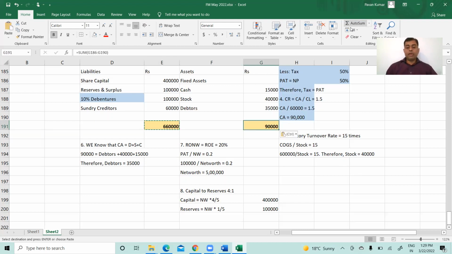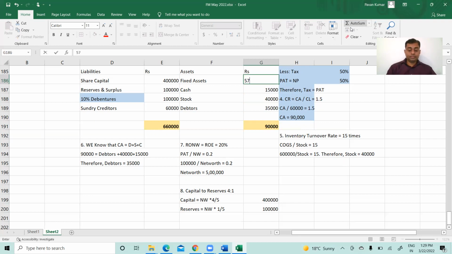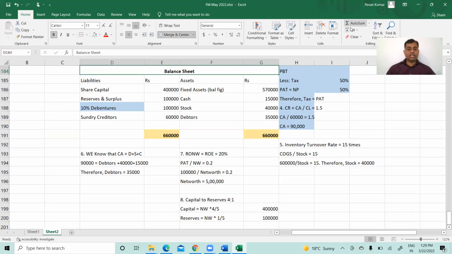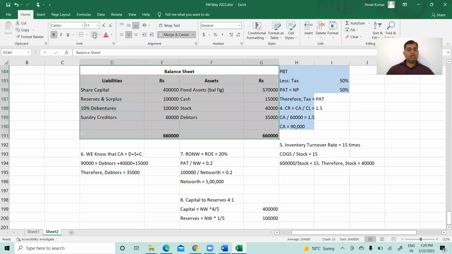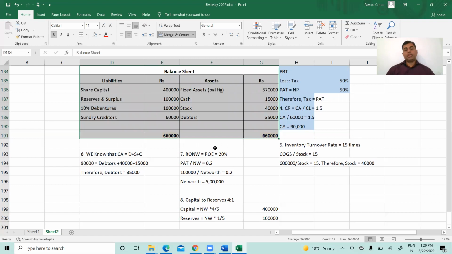Then fixed assets will be balancing figure. So guys, this is your beautiful balance sheet. Do you understand this, all of you?